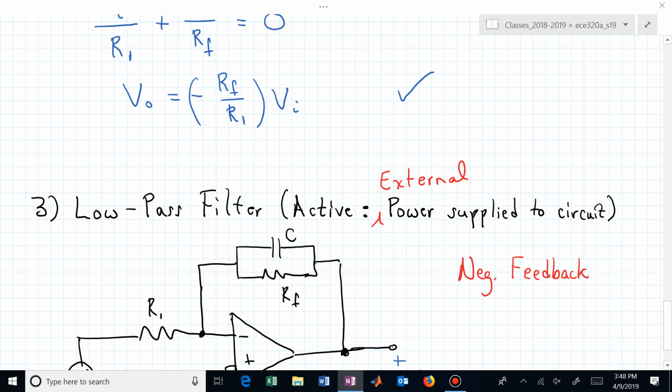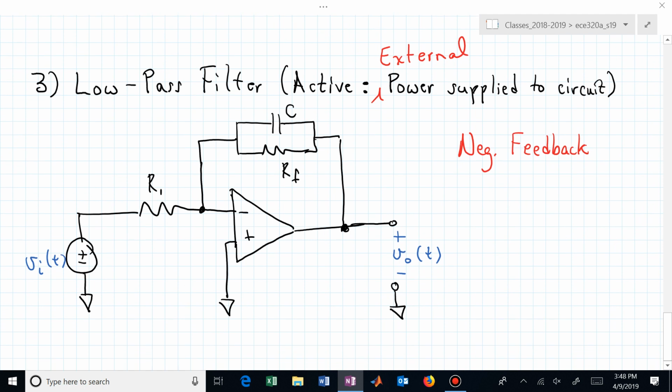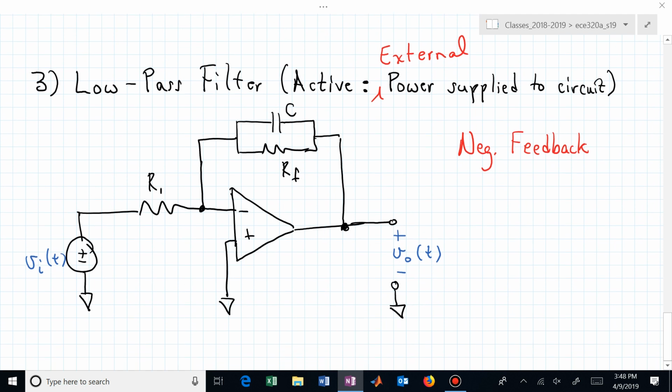Let's now step it up a notch and look at another filter. This is now a low-pass filter. It's active because we have an op-amp that we have to supply power to. We have to energize it. We've done something just a little different.